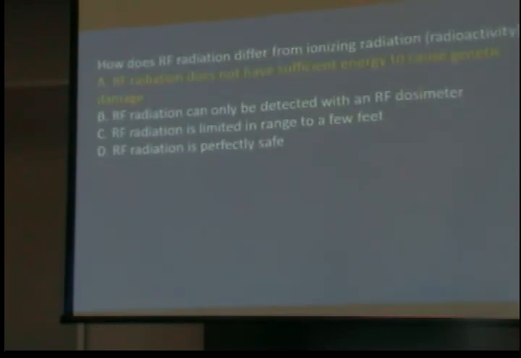How does RF radiation differ from ionizing radiation? This is a question I don't agree with the answer on. RF radiation does not have sufficient energy to cause genetic damage. As far as I'm concerned, the jury's still out on that one. I know this, it doesn't have the energy to cause extensive damage in short periods of time.